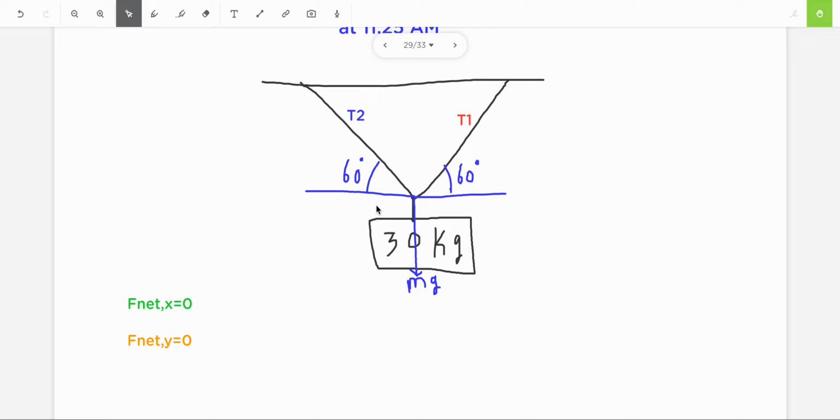And here we will have the y-axis on T2, and we will have the y-axis on T1.